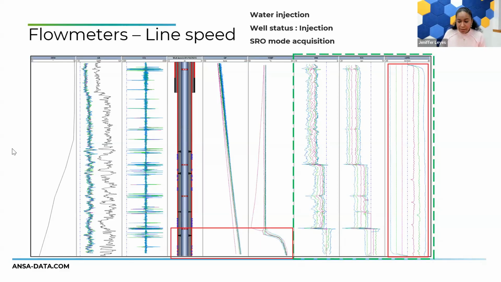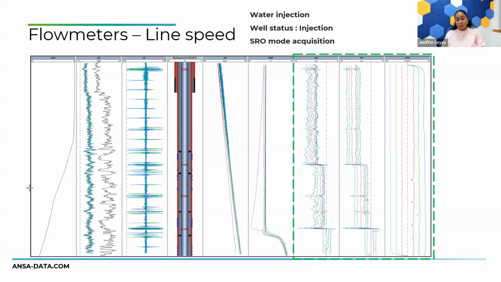So yeah, having analyzed all of the curves, the gamma ray, the CCL, the pressure, the temperature, flow meters, and the line speed, we can see that overall our data set is of good quality and is good for achieving the survey objectives and moving to the next step, which will be the processing and the quantification and the results for the client.